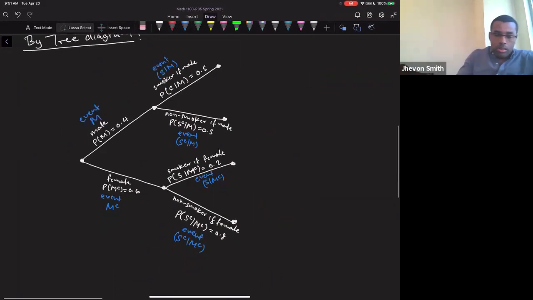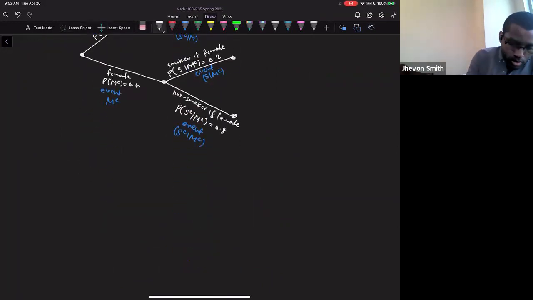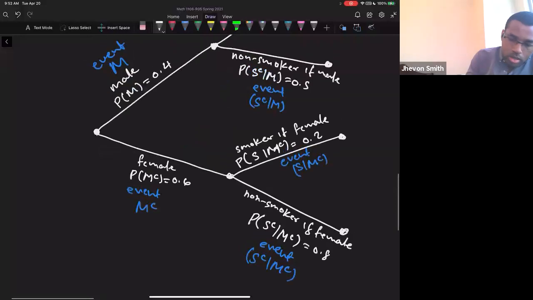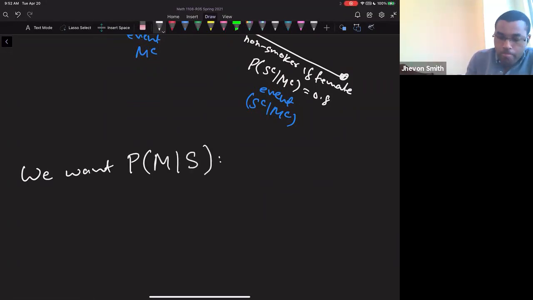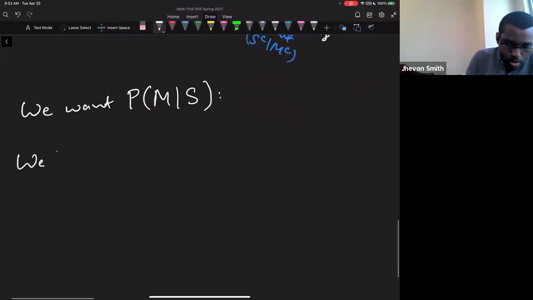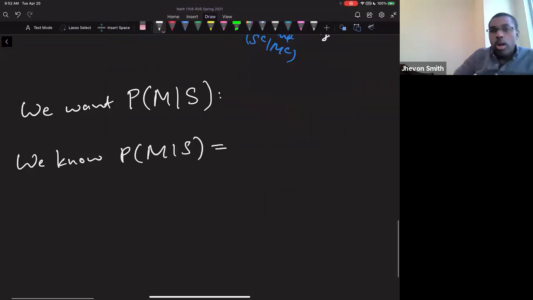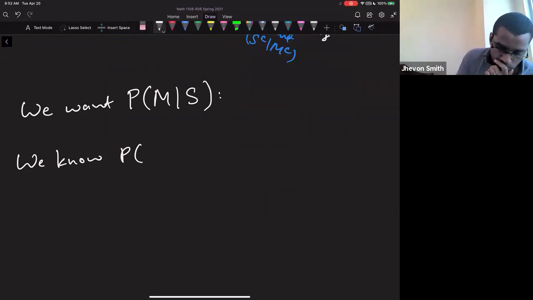Now, we want the probability that, given that I know someone is a smoker, what is the probability that they're male? And we know that that is equal to what? What's the formula for that? How do I compute that probability?